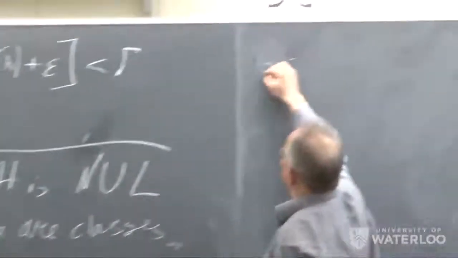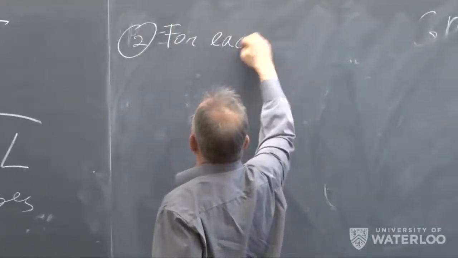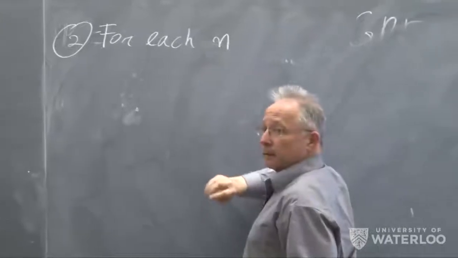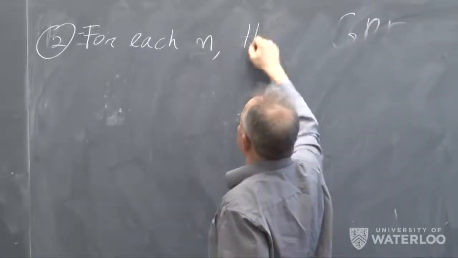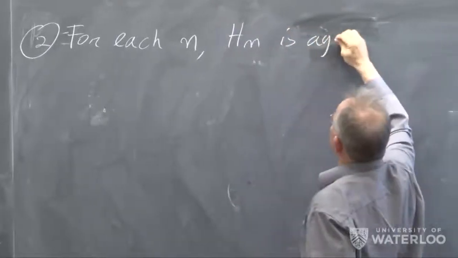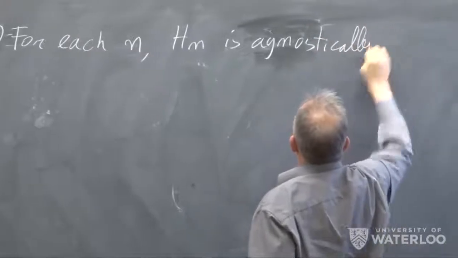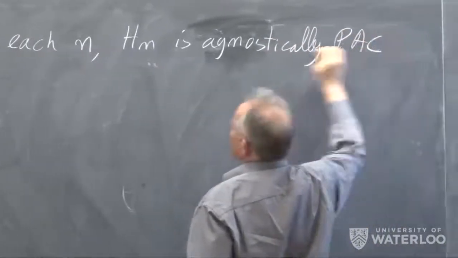And the second requirement is that for each n, the class Hn is agnostically PAC learnable.